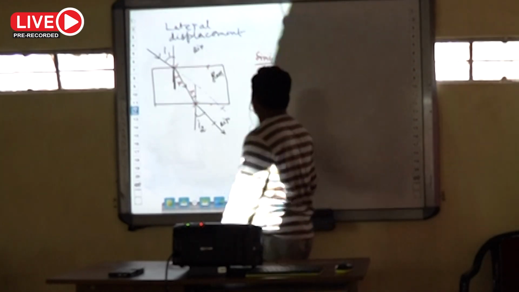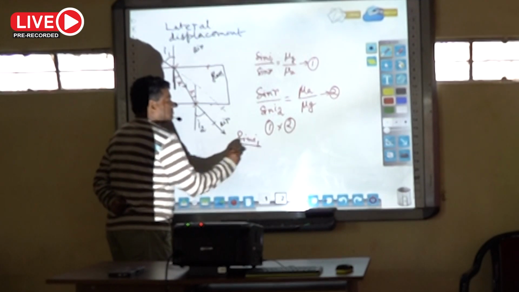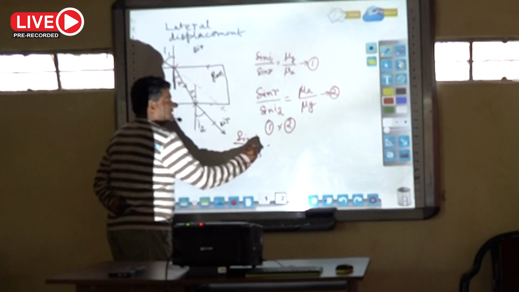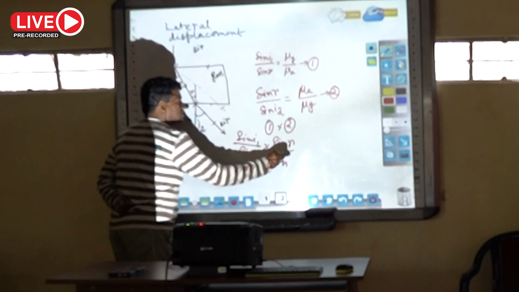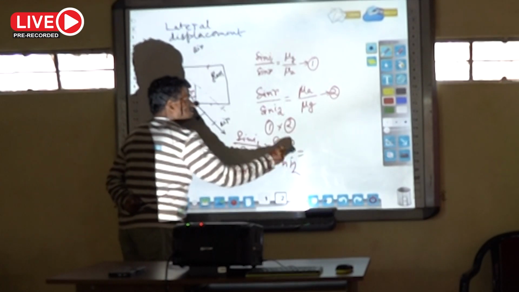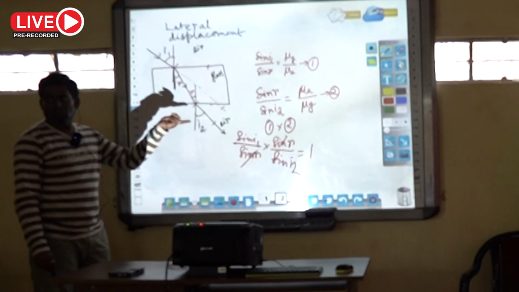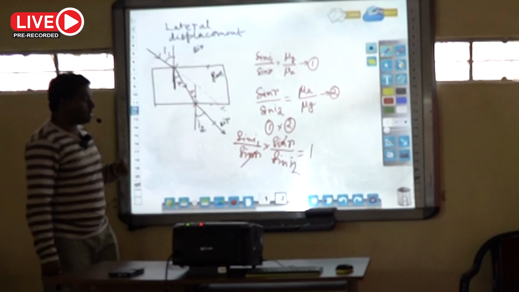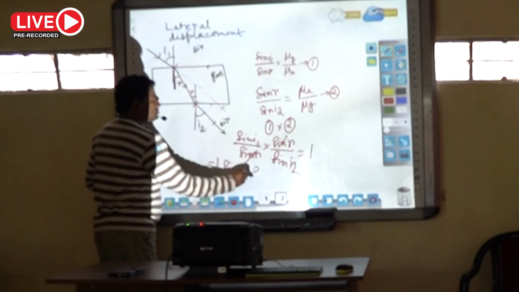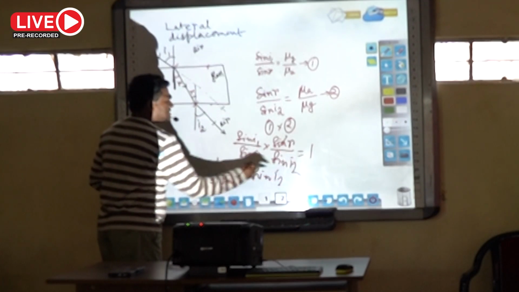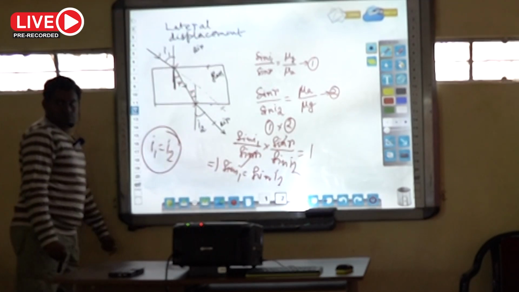It will be sin I1 by sin R into sin R by sin I2, that is equal to 1, because mu G by mu A into mu A by mu G will cancel. Sin R cancels. So you will get sin I1 equals sin I2, which implies that I1 equals I2.